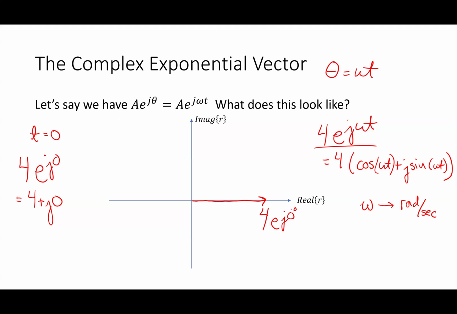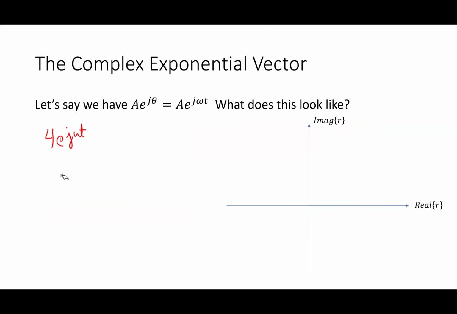Okay. Now let's say time is advancing. So for sake of argument, let's say that this guy is advancing with a frequency of 1,000 radians per second. Okay. So let's say I come to a time when omega t is equal to 90 degrees.